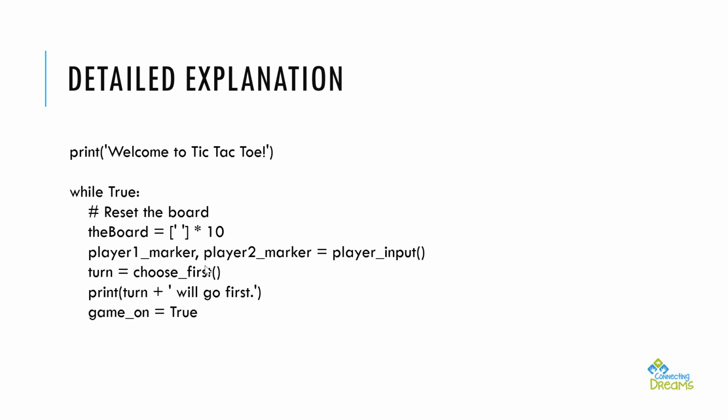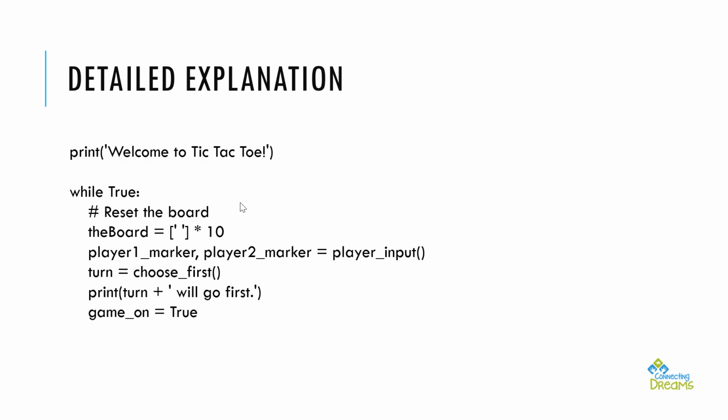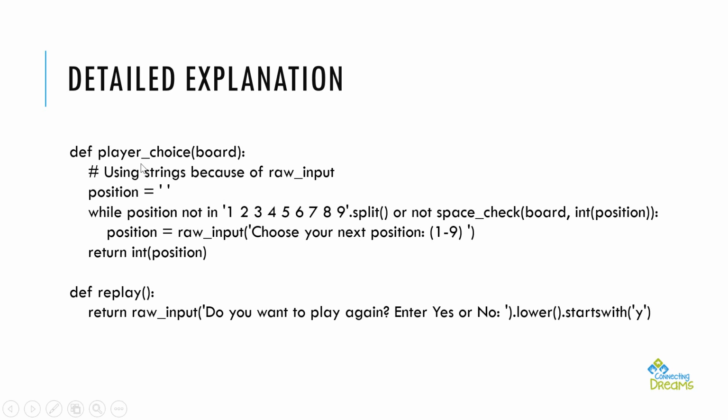Now once we have our board ready, next you call the function player_choice and you pass the argument as the board. This function player_choice will return a value which we will store in the variable position. So let's see what is there in this player_choice. Here's the function player_choice, and in this function it is asking for a player's next position between 1 to 9 and then uses the space_check function to check if it is a free position.